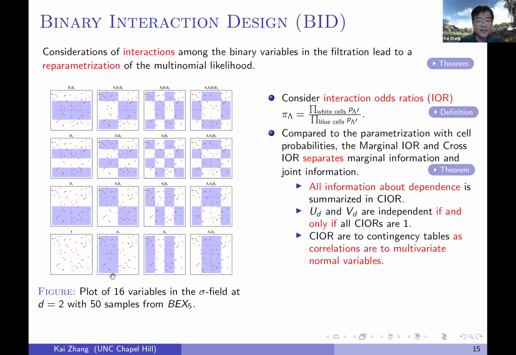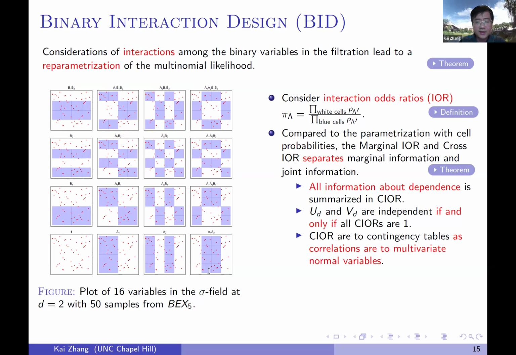If you look at the so-called marginal interaction odds ratios involving only A's or only B's, then contrasting the white region to the blue region is providing you information about the marginal distribution of these binary variables.